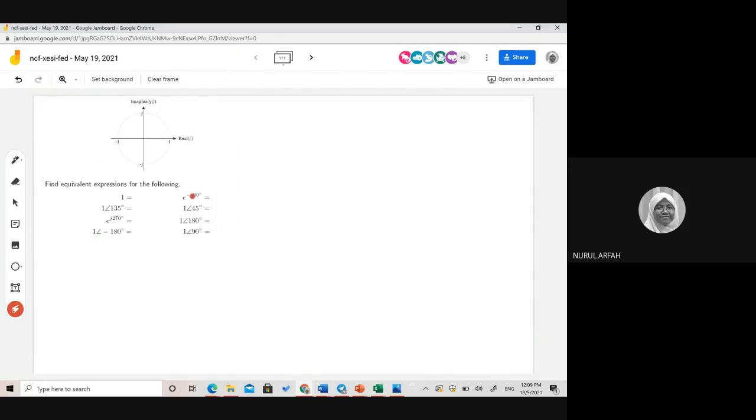Okay, who wants to try this one? The e^(negative J 90 degree). And maybe another volunteer 45 degree, another one 180 degree, and another, the last one with 90 degree. You can try it here, or here. Anywhere you like. You use the complex plane. Draw this one.